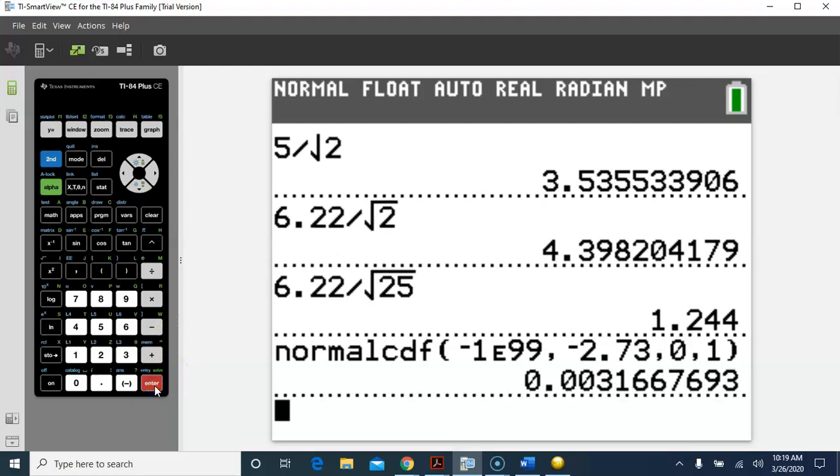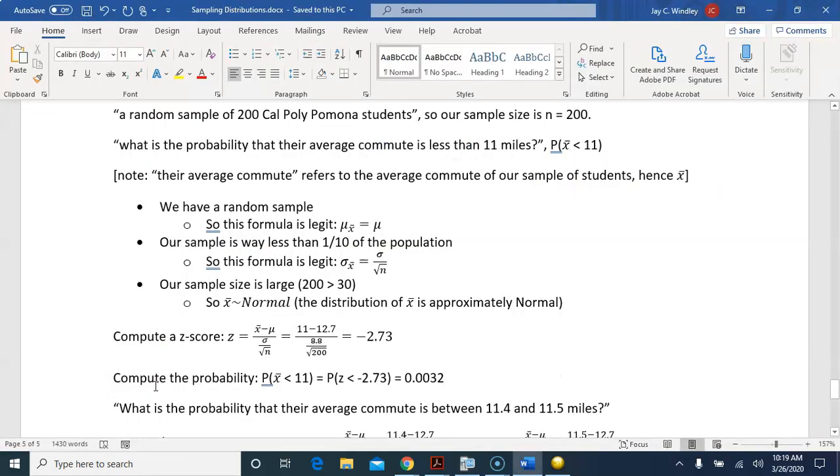That should give us the same answer, 0.0032. So once we have this x bar turned into a z-score, it's just a matter of looking up the z-score on the table or on the calculator like we've done in the past.